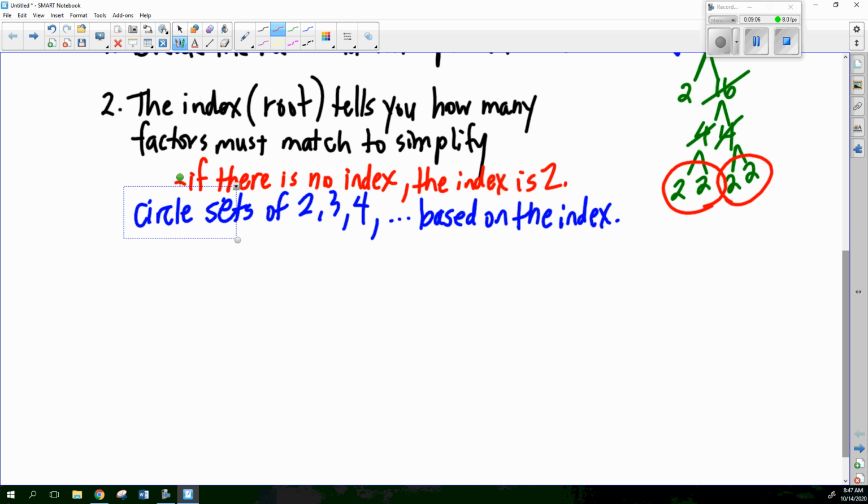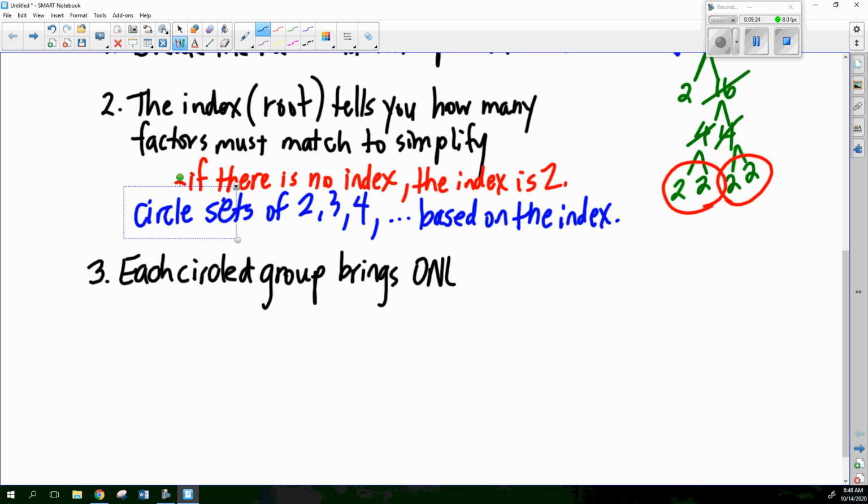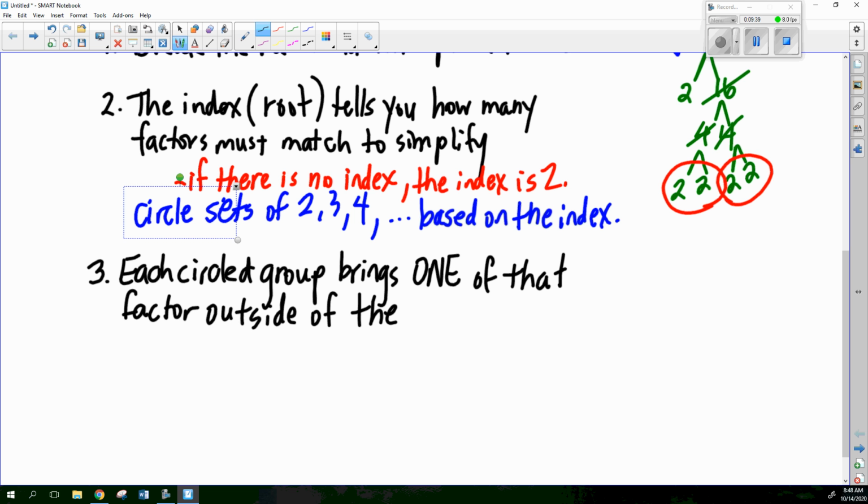All right, now, each circle, or let's say each circled group, brings 1 of that factor outside of the radical.